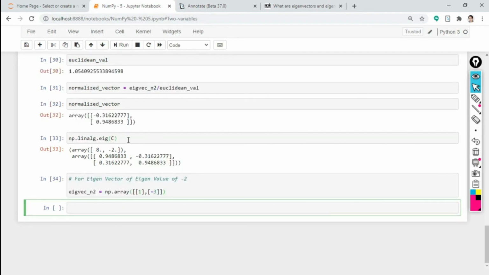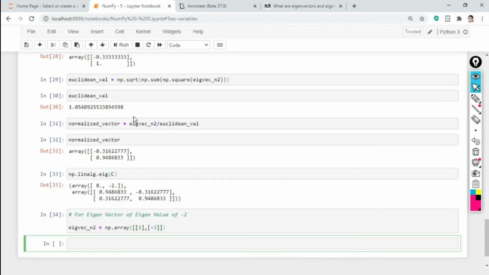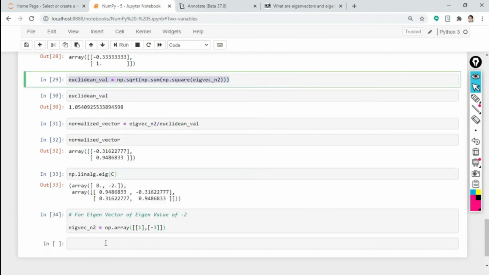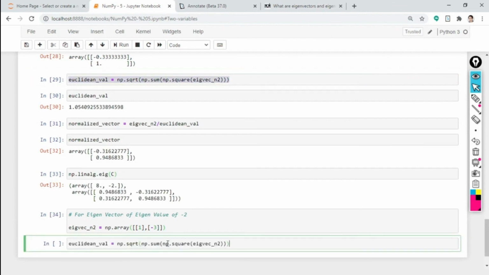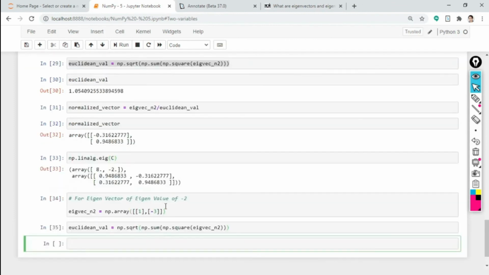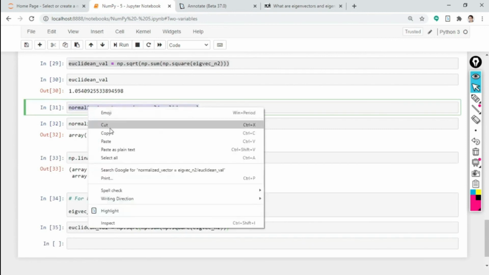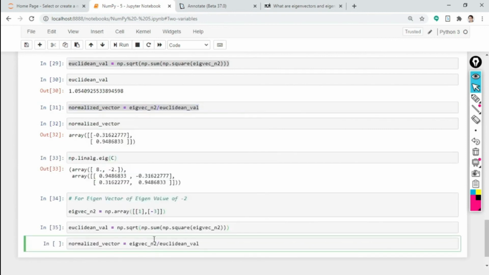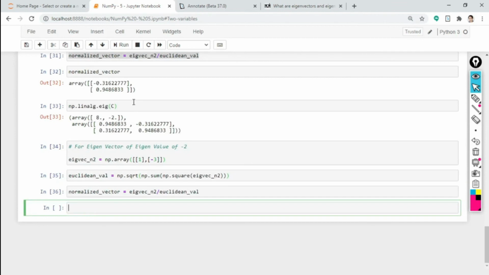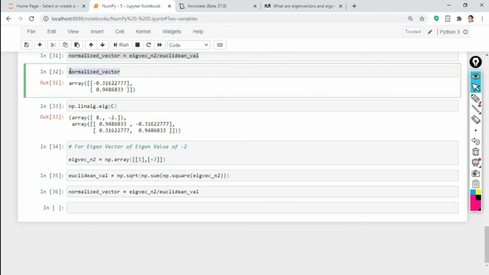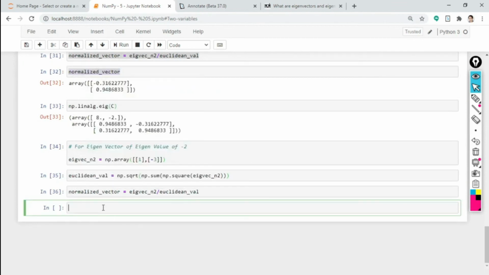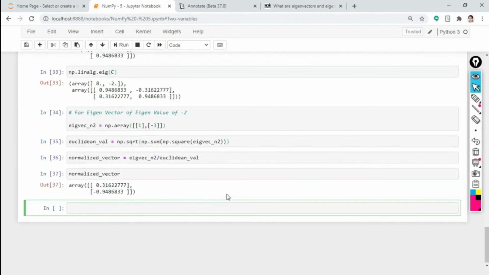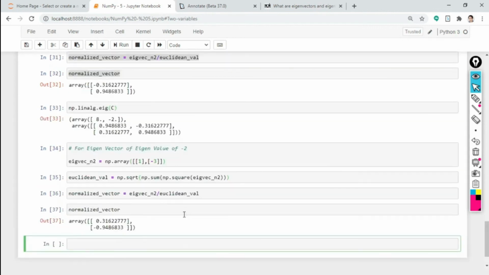The result will be this if you normalize it. So let me just copy this one. It's still legal here. So the eigenvector of 2. Let's copy and see the normalized value. What will be the result? So let's copy this one. Okay, so now this one.